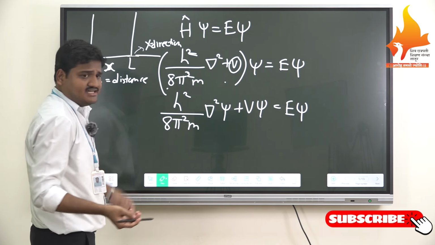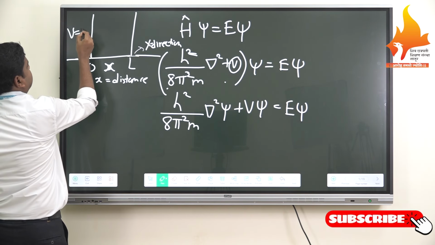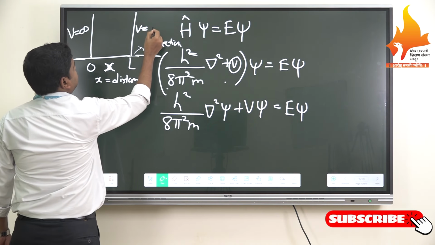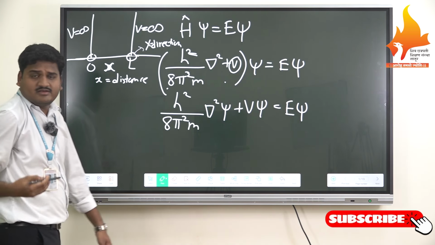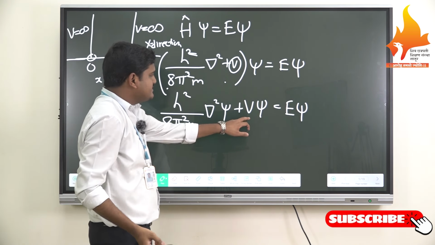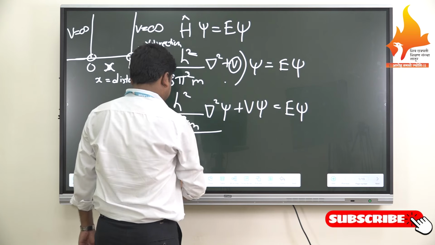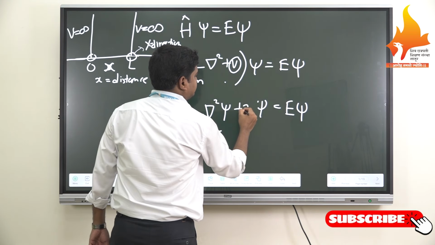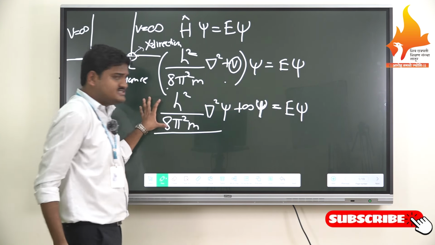Here we consider that the particle exists outside the box, that is V is equal to infinity, or the particle at these 2 points, that is the boundary of the well. So we can identify the equation. Here we keep it as it is, with V equal to infinity, psi is equal to that. So this is the wave equation.